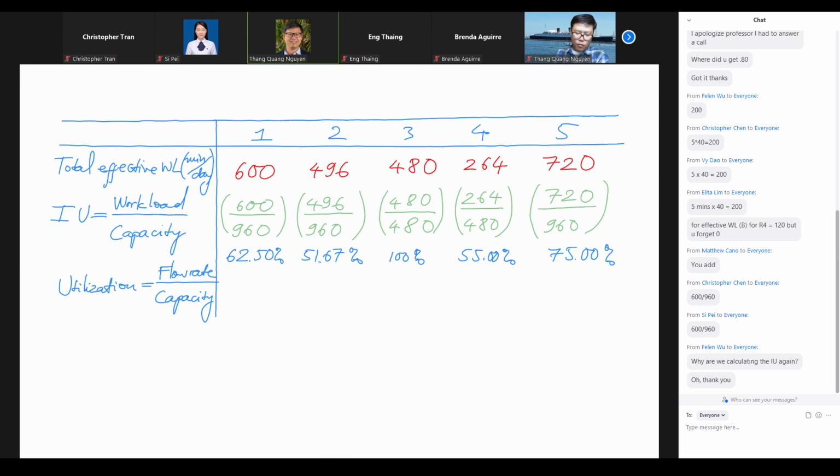Please try that for the first station. What number divided by what number? Please think about it. For station number 1, what capacity will you use? What flow rate will you use, so that we can calculate the utilization of resource number 1?